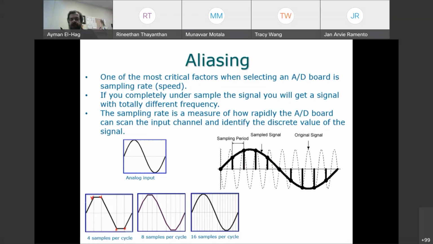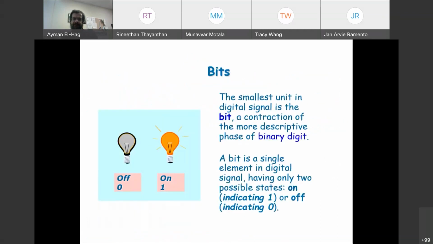So as an engineer, you have to know what your sampling rate is. For us, most of the signals that we deal with do not have much abrupt change, so a moderate sampling rate will be sufficient. Now, we did the sampling.